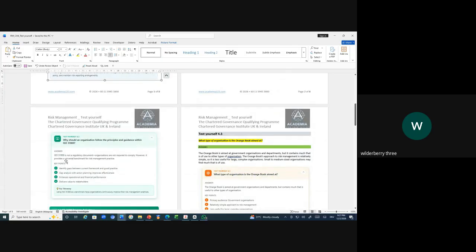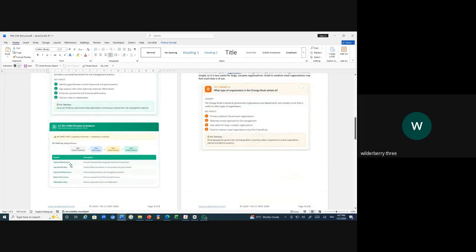Identifying gaps between current and good practice is helpful, because you may have something in place, then you look into ISO, see what is best practice, and you immediately find out what your gap is, where you can improve. That's a quite fast approach. Also, when it comes to action planning, they give you templates and things like that. They really assist you. You can also book a consultancy with them to help you particularly implement a risk management system, and then they do most of the work for you. Of course, that comes with a charge.